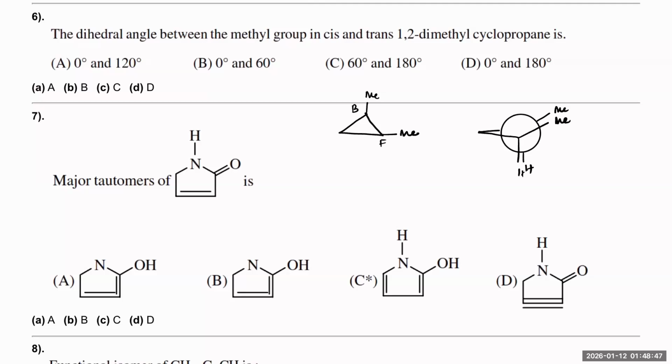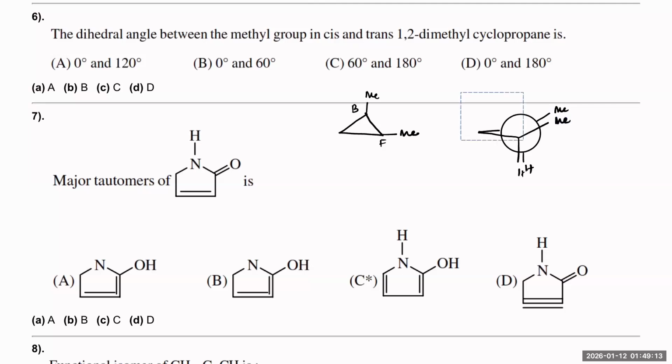So if you draw the Newman projection for this one, this is how it looks. Okay. So the dihedral angle between methyl groups in cis and trans position. Now when you have the cis position, you can have methyl here and methyl here. So that makes it 0 degrees.